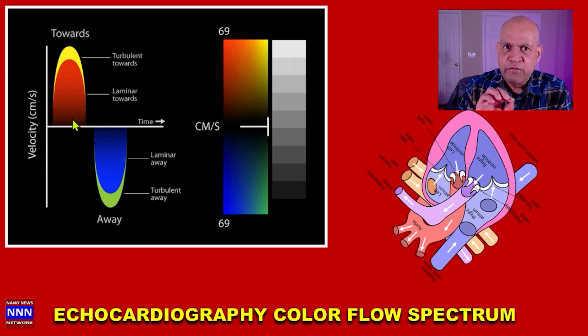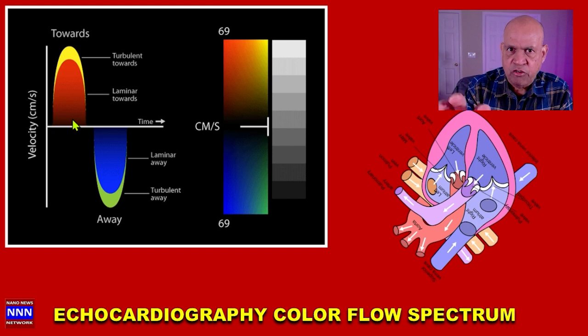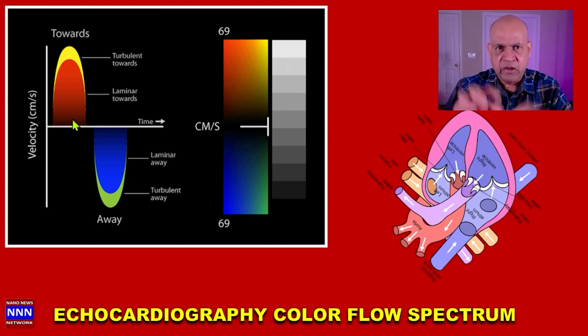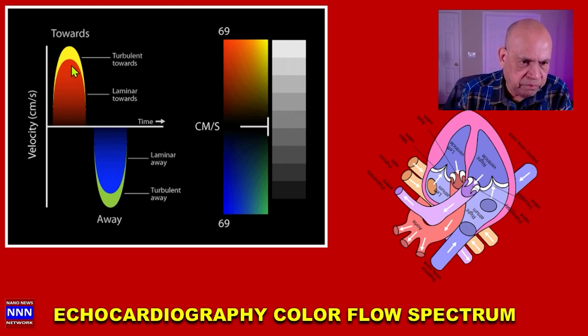That means uniform color change of all the red blood cells going like a train in the same direction without any disturbance. Turbulence, as we call it, happens in patients with mitral regurgitation or aortic stenosis or aortic regurgitation. So this is the laminar flow.